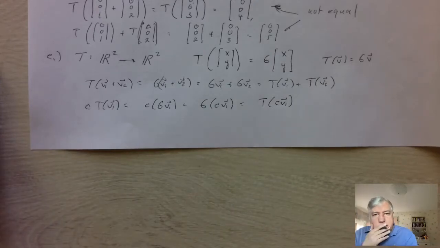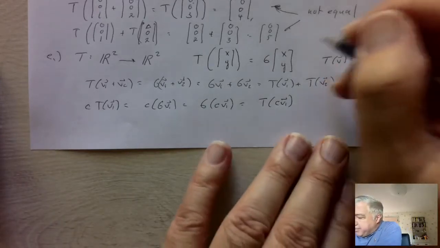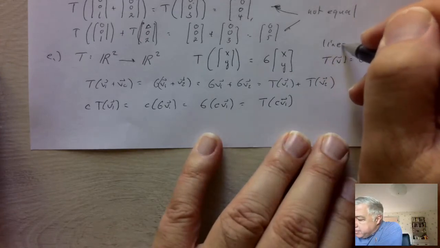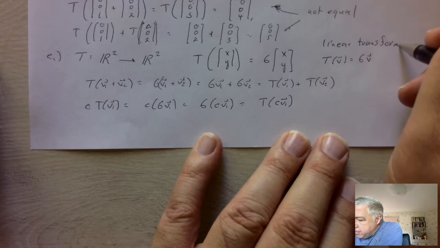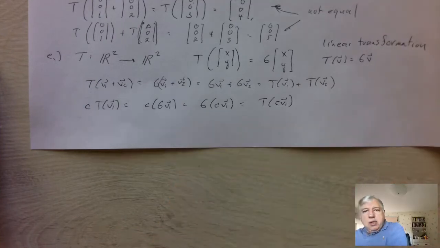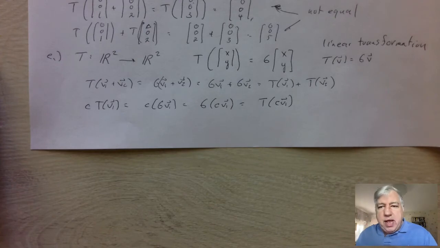So this is a linear transformation. And in fact, there's nothing special about the number 6 here. You can multiply a vector by any constant, and this will always be a linear transformation.